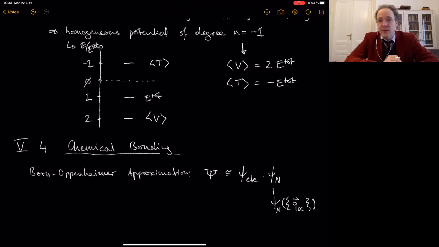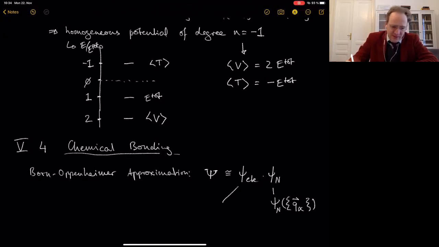Sometimes one uses capitalized indices, sometimes one uses Greek letters to indicate that we are talking about the nuclei. Some people also call them ions. These are the ions, meaning that comes from this idea of a bare proton. So the hydrogen cationic ion is just a bare proton. So nuclei or ions or atomic positions have Greek letters.